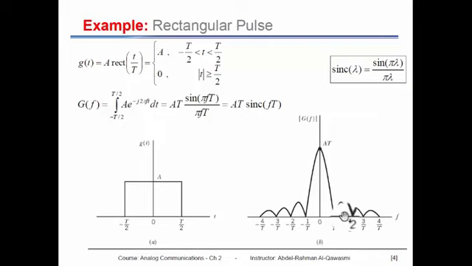Of course, we have other values, but we took the values that have 0 values of the sinc. Because if you put, for example, for f here, the frequency 1 over T, we have f T equals 1, and the sinc of 1 will give us 0.